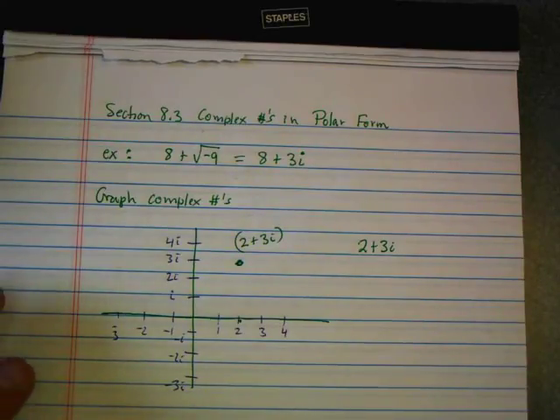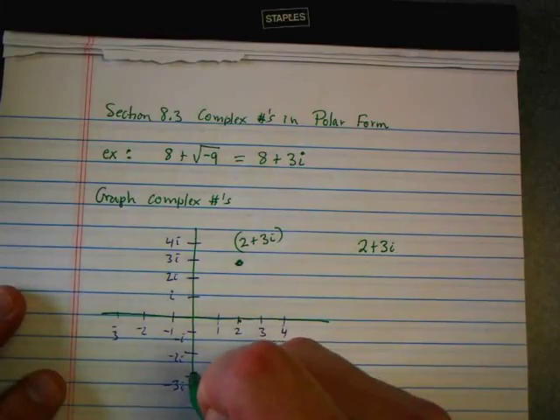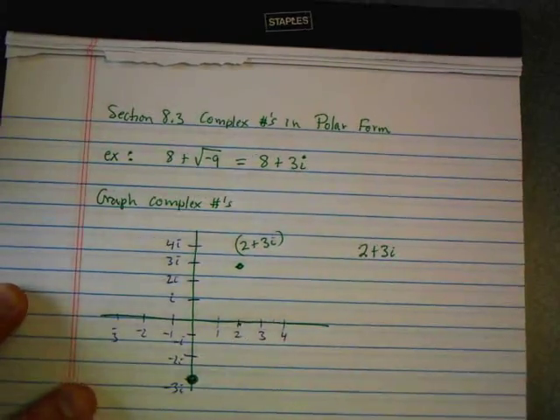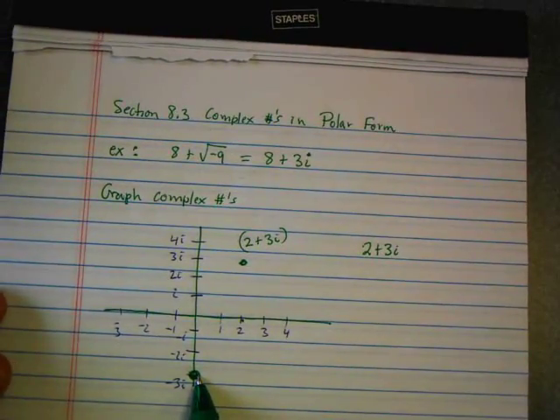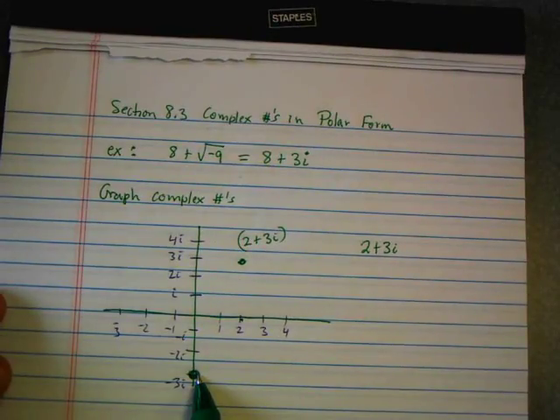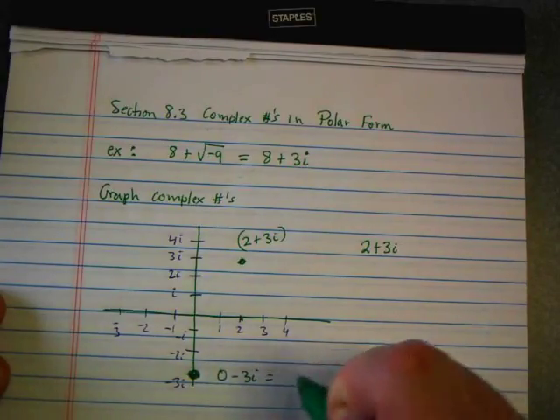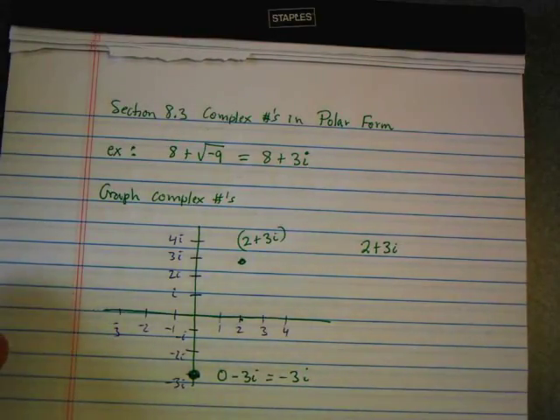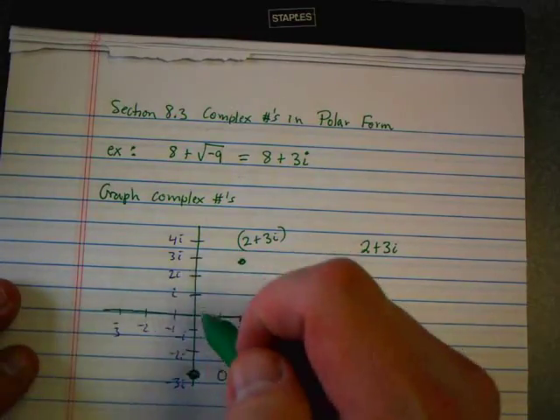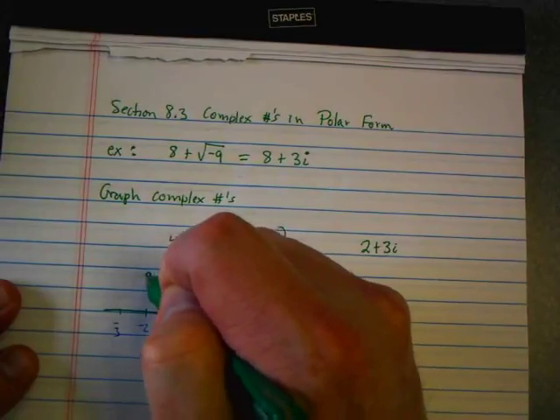All right, so how about that point right there? What would you call that point? You would call it 0 minus 3i, and typically we would just call it minus 3i. But 0 minus 3i is not wrong. What about that point right there?